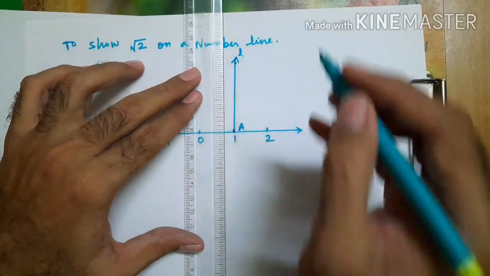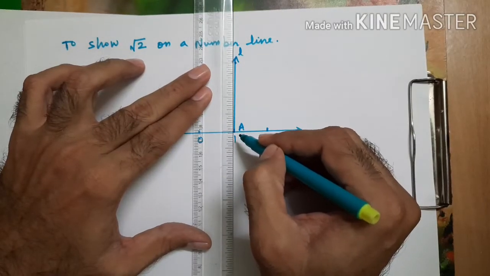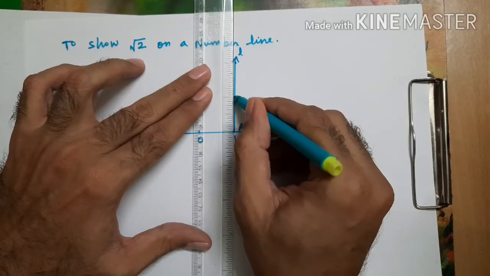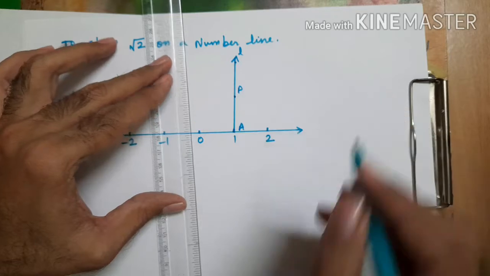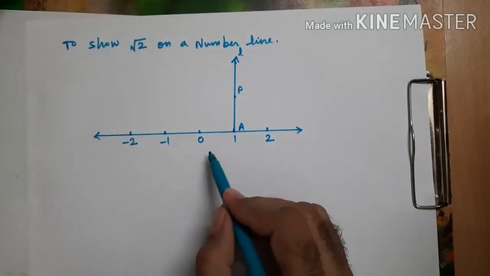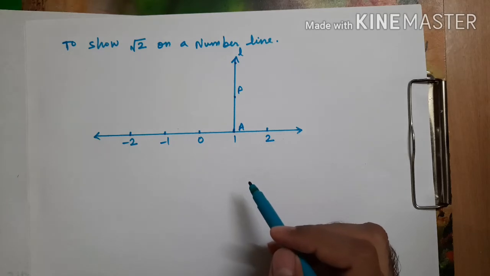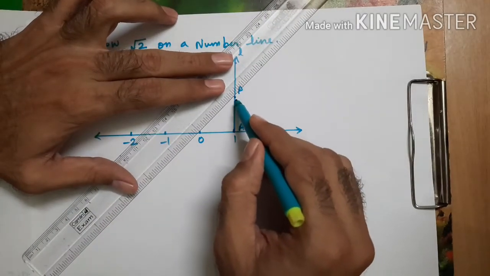Suppose this line is L. On this line L, at a distance equal to 1 unit, means 1 inch, we will mark a point P. Now this distance OA equals AP. Now let's join segment OP.